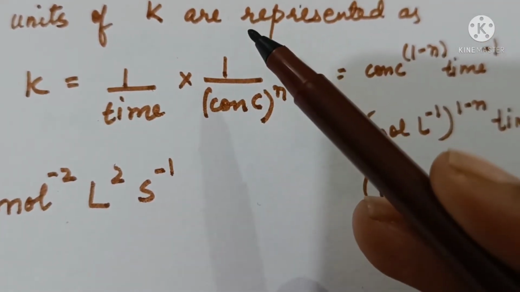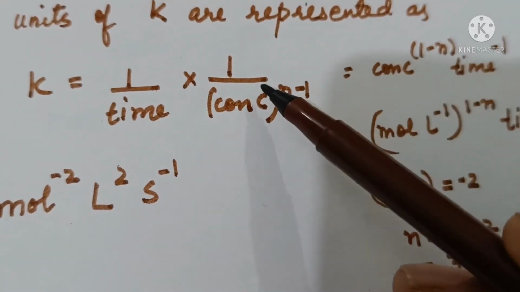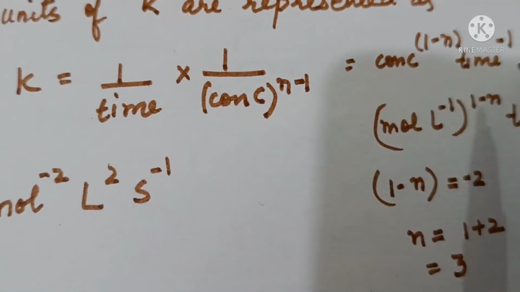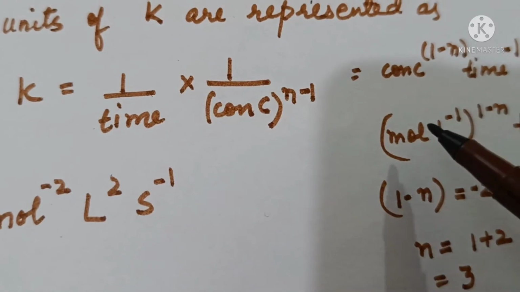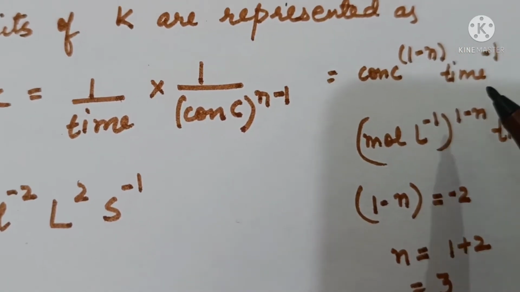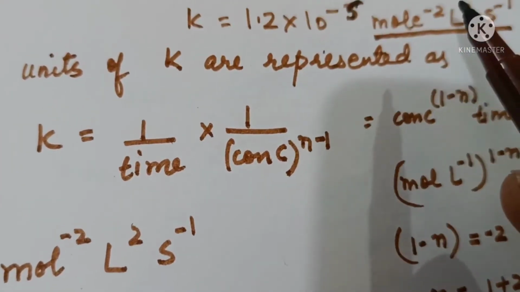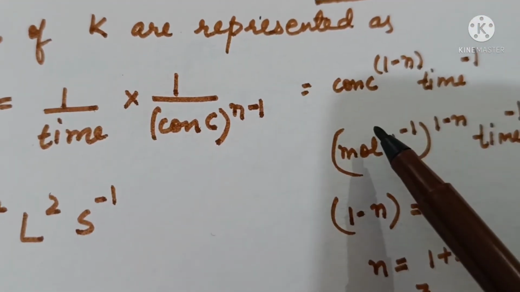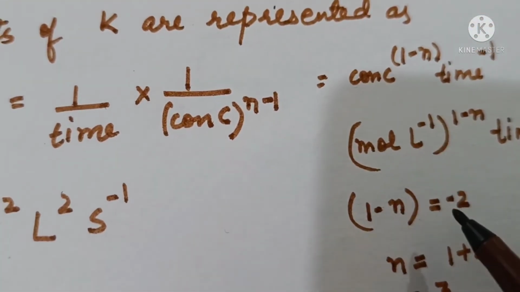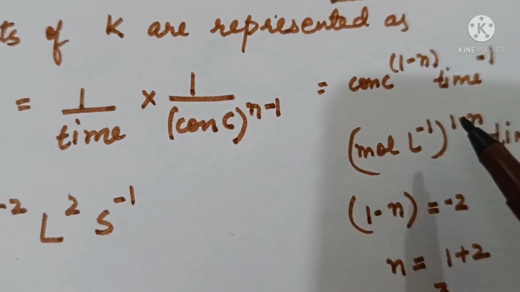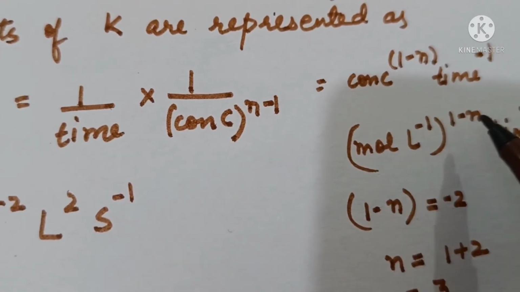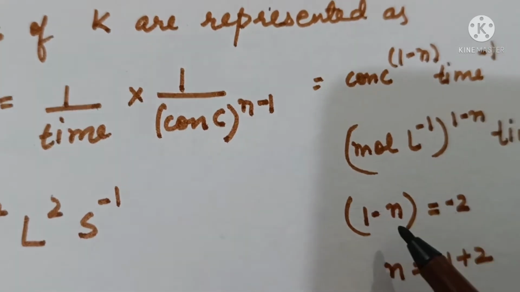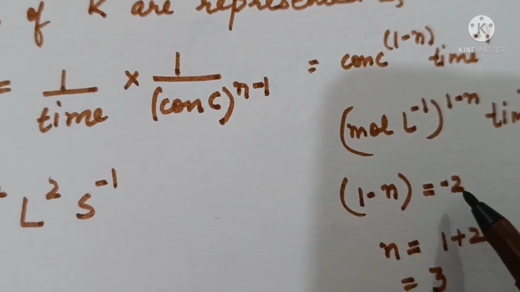When this comes to the top, it becomes concentration raised to power 1 minus n and time raised to power minus 1. So, if we know that the units are mole raised to power minus 2, that means mole raised to power minus 2 will be the answer for 1 into 1 minus n. So 1 minus n is minus 2.